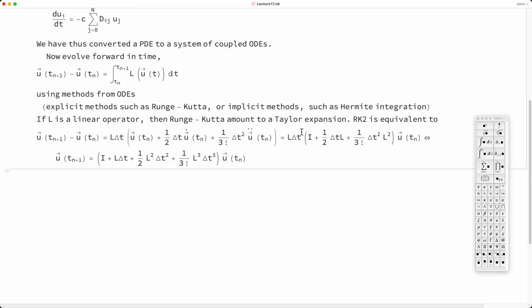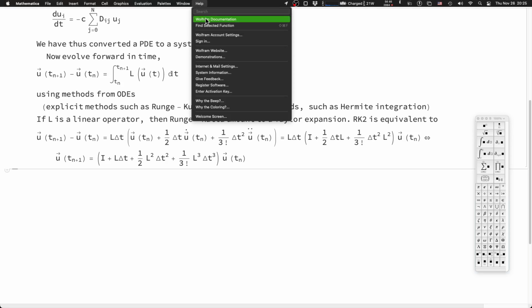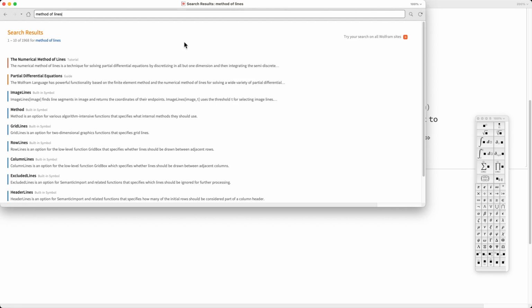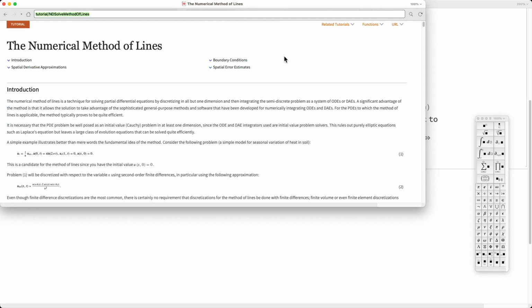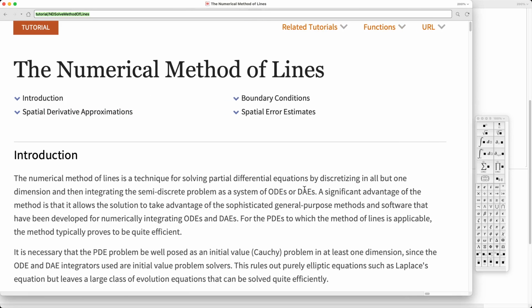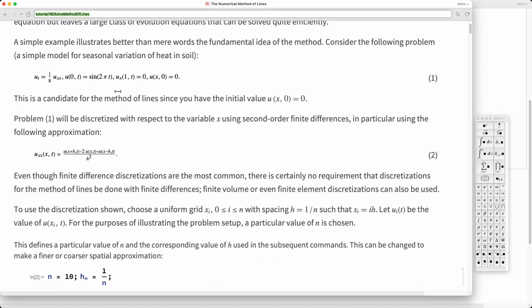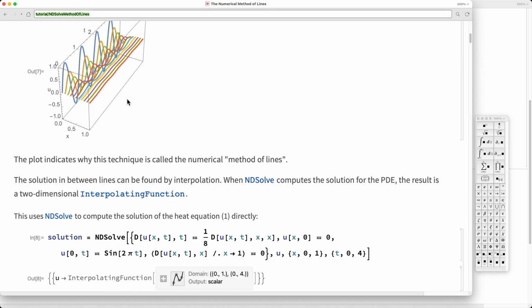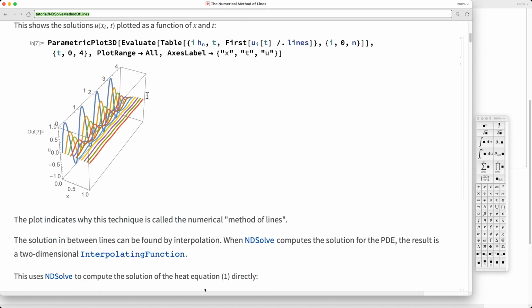There's also a very useful tutorial. If you go to the Wolfram documentation and search for method of lines and click on this tutorial, you will find a very thorough and useful tutorial about the method of lines. I highly recommend going through this tutorial, which explains why it's called the method of lines.